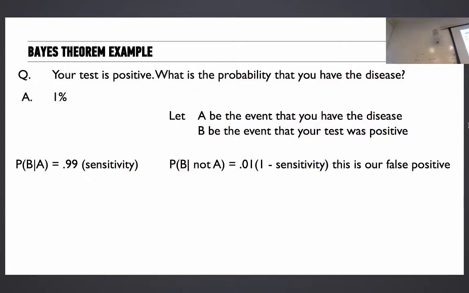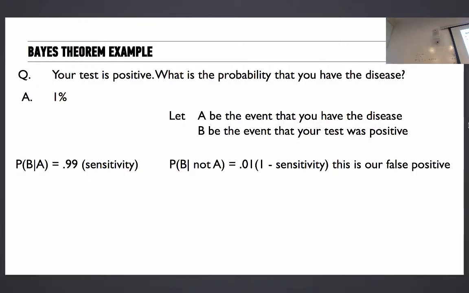Our formula is the probability of B given A times the probability of A over the probability of B. So far, so good, based on Bayes' theorem. Do I know any of these? Okay, here's one: P(B given A) equals 0.99.